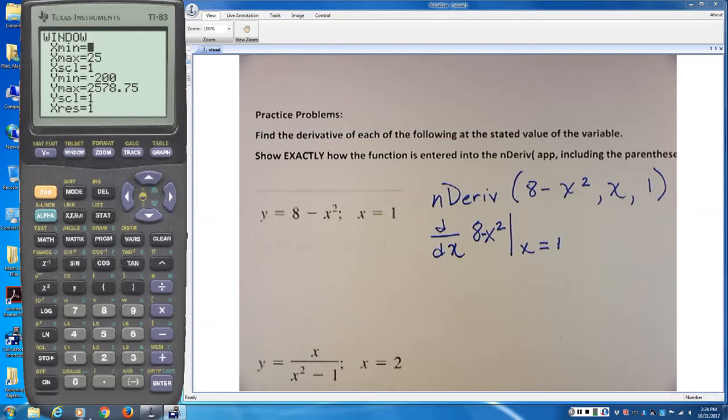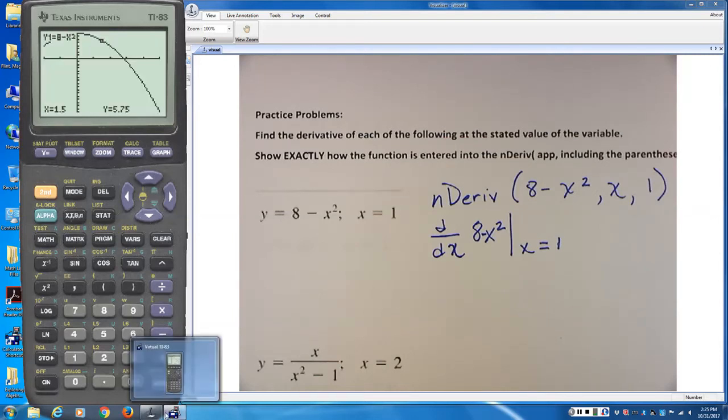And since I only need to see 1, I'm going to go from -2 to 5 on the function. So there's my function. And from the graph of the function then, I just go second trace, number 6, type in the number 1, hit enter, and it says the derivative is -2.